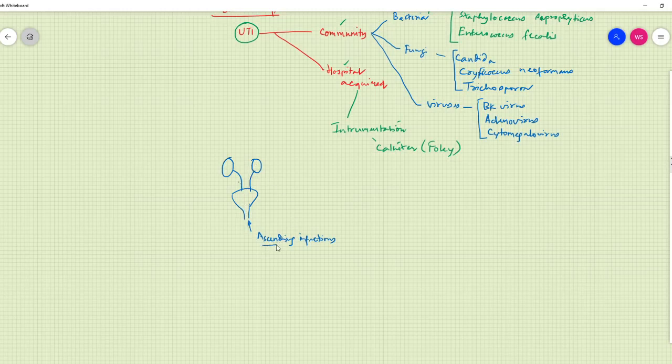So one route is as an ascending infection. Or, as we said, the kidney is supplied with blood vessels, so if you have a systemic infection, it can come from the blood and enter the kidney. So there can be a hematogenous infection.